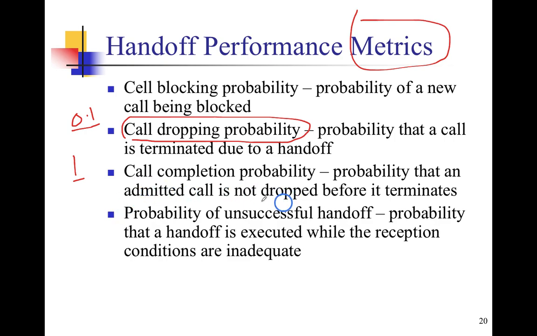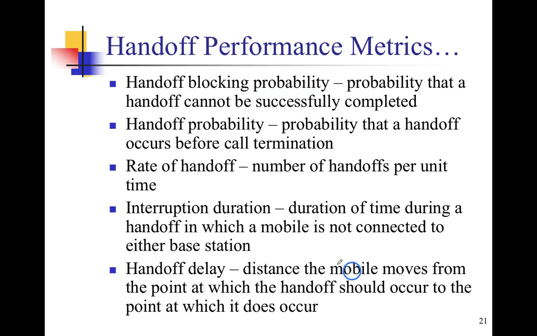Call completion probability is the probability that an admitted call is not dropped before it terminates. Probability of unsuccessful handoff is the probability that a handoff is executed while the reception conditions are inadequate. These are all the metrics you can read by yourself.